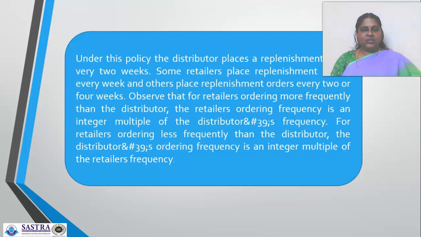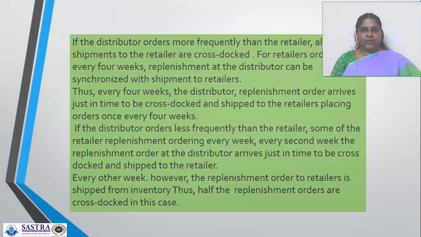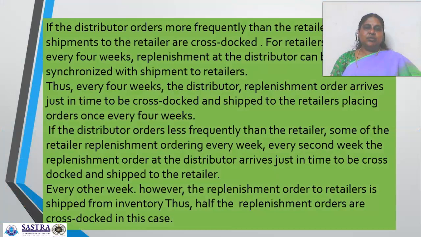For retailers ordering less frequently than the distributor, the distributor's ordering frequency is an integer multiple of the retailer frequency. If the distributor orders more frequently than the retailer, all shipments to this retailer are cross-docked.